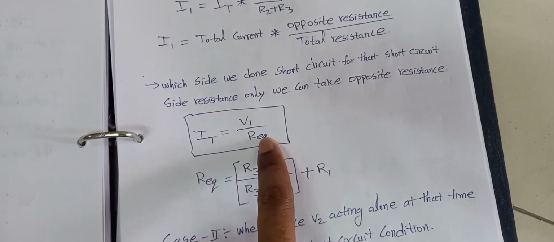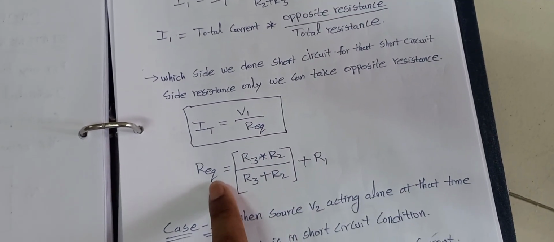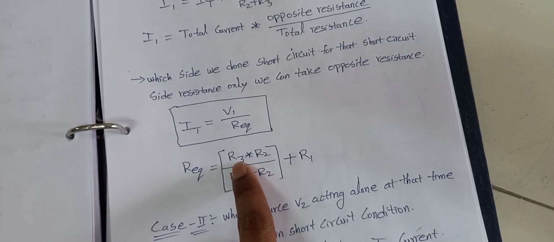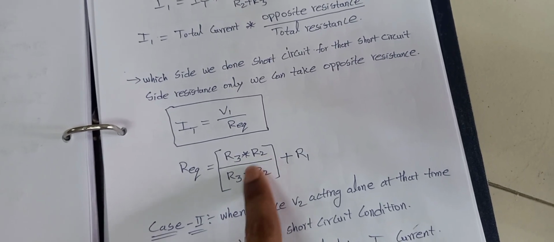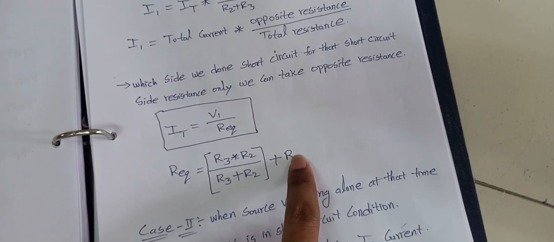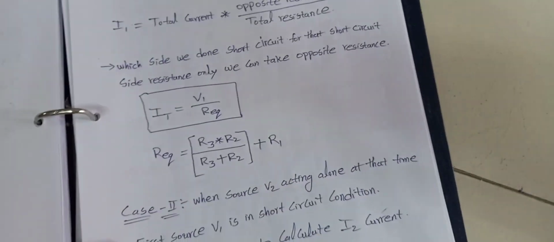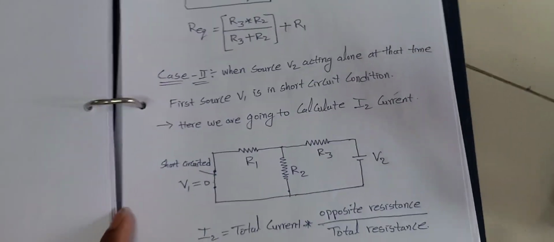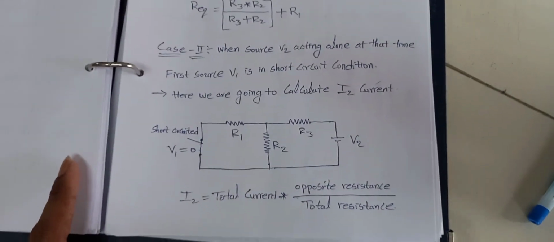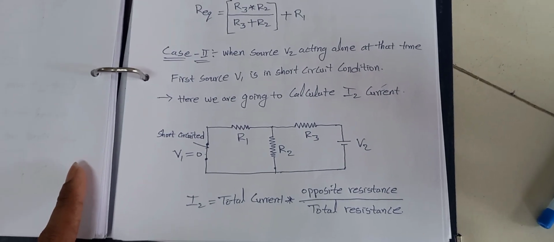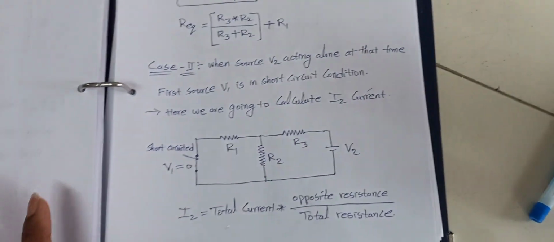The total equivalent resistance: R equivalent is equal to the parallel resistances R3 into R2 by R3 plus R2, plus the series resistance R1. The same formulas as we used previously in Thevenin's theorem and Norton's theorem.